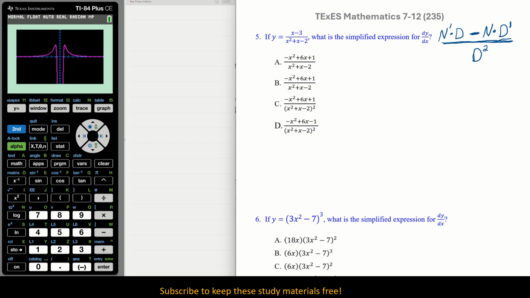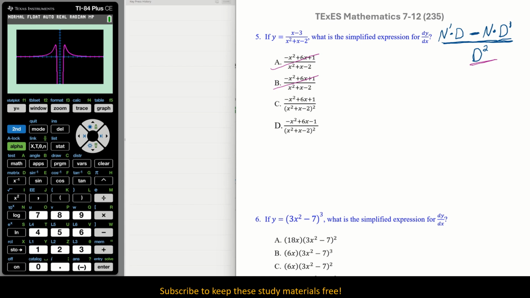All right, now what we need to do is look at our A, B, C, D options. That means if you're looking at what I've written here, the denominator squared, A and B are out of the running. They're not going to work. So what we really need to look at then is the denominator.